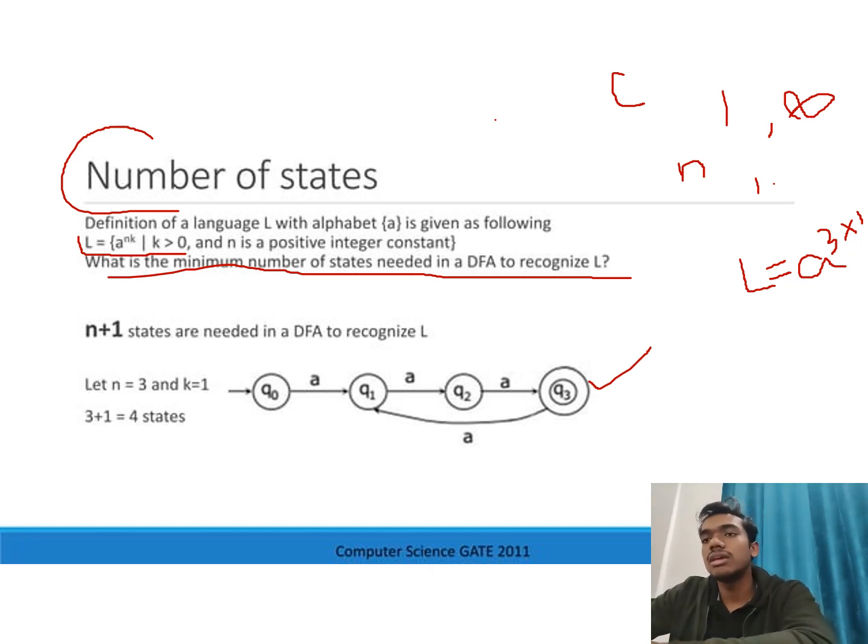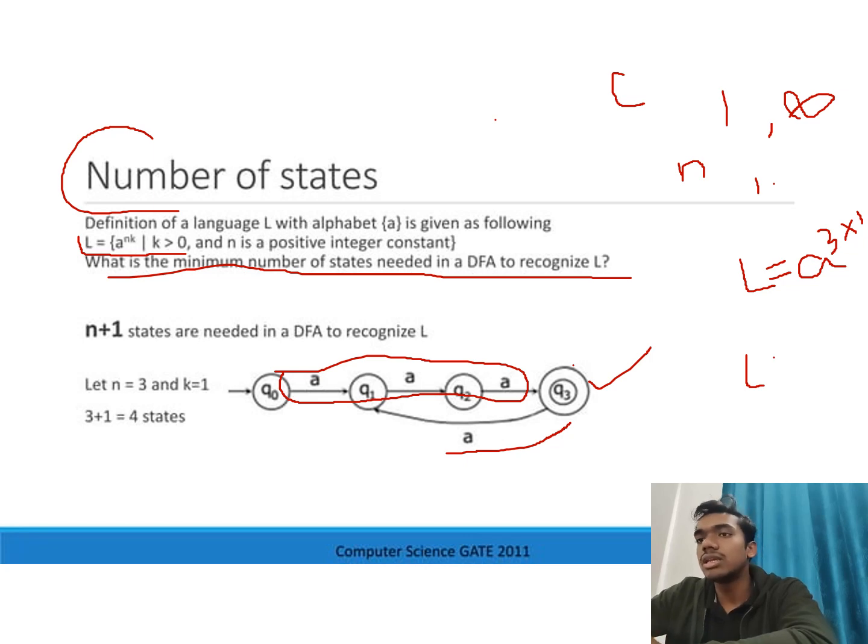So in the language the number of A's should be thrice, basically 3 times. As we see here there are 3 A's, so it's accepting multiples of 3, basically the number of A's should be a multiple of 3. Again after this, if A is coming, see 1 2 3, again it gets accepted. So accordingly this question has been given.